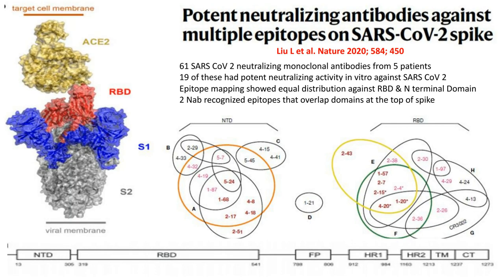After mapping the neutralizing antibodies, epitopes were mapped on the spike protein, and it was found that there seem to be about 19 different epitopes which can provide protection and neutralization. So it was not only the RBD portion, but other sites on the spike protein, which could, when bound to the antibodies, lead to neutralization.